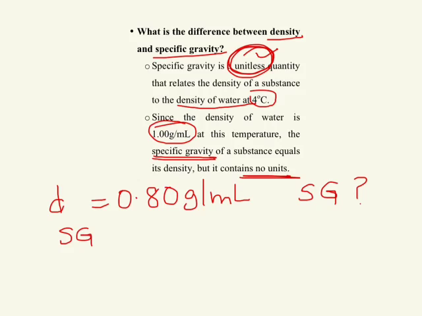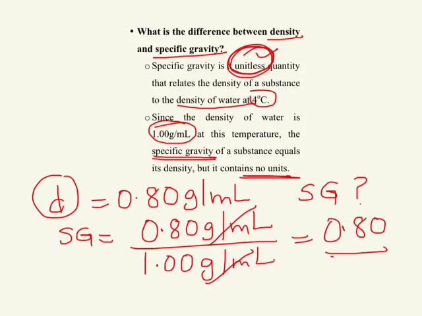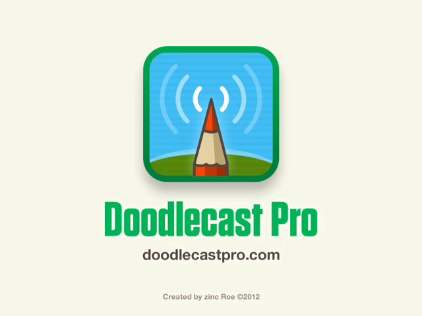Specific gravity is the density of the liquid, 0.80 gram per ml, divided by the density of water, 1.0 gram per ml. This unit cancels with this. What is left? 0.80. So that's what was explained: the specific gravity of a substance equals its density but contains no unit.